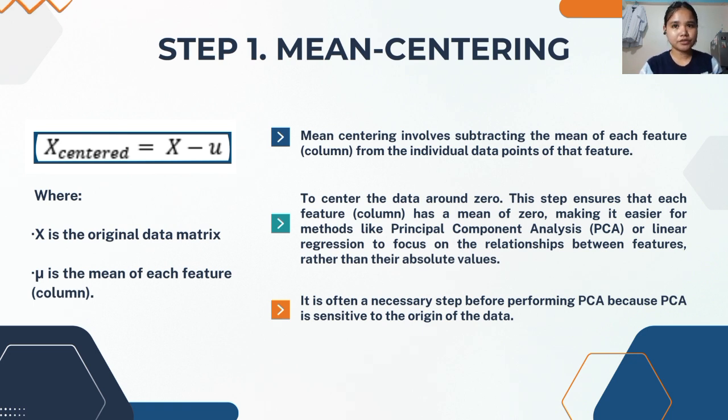To center the data around 0, this step ensures that each column or each feature has a mean of 0, making it easier for methods like PCA or linear regression to focus on the relationships between features rather than their absolute values. It is often a necessary step before performing PCA because PCA, as we all know, is sensitive to the origin of the data.